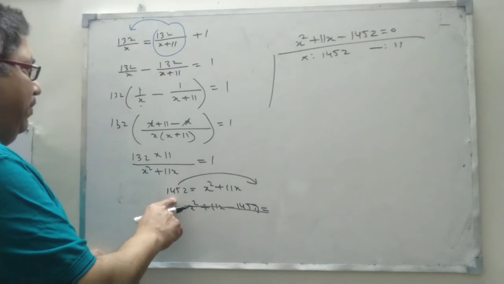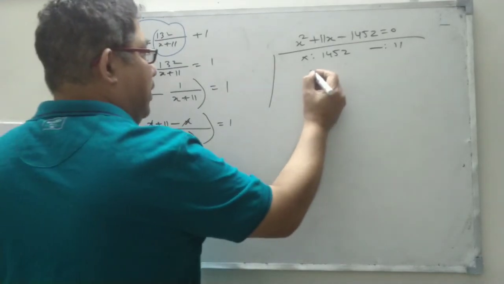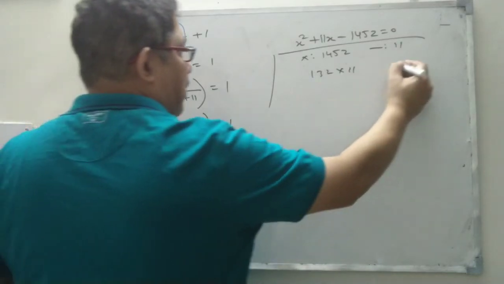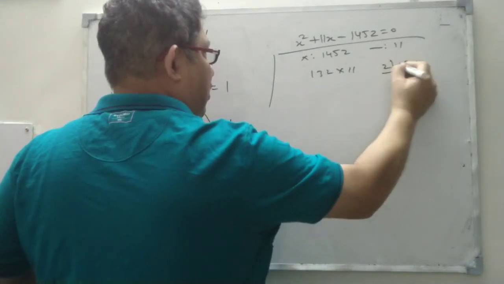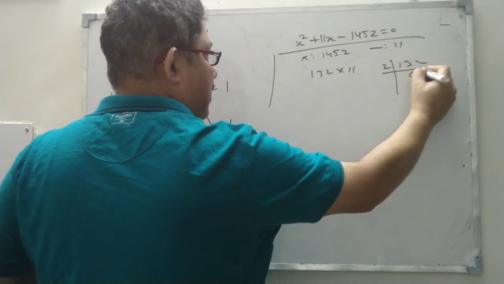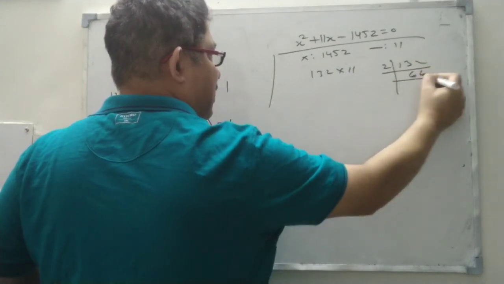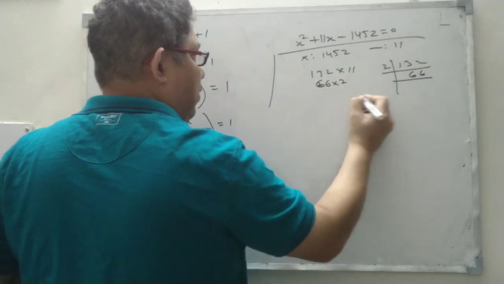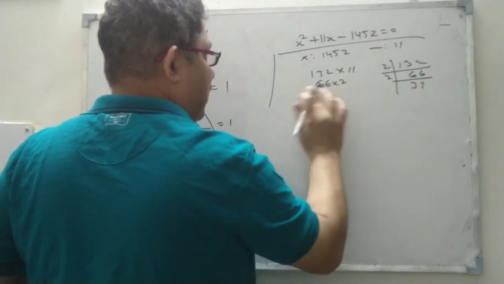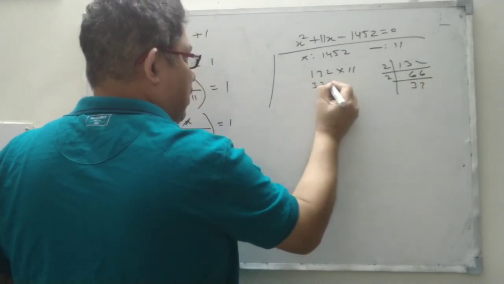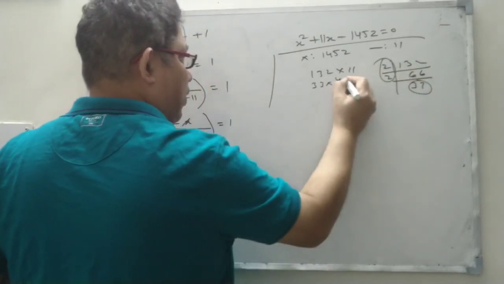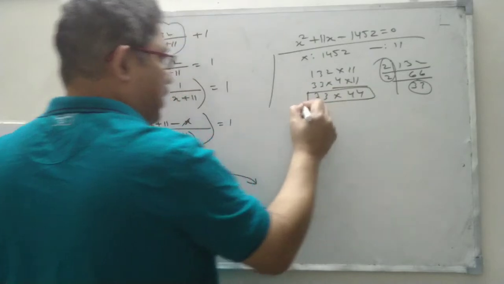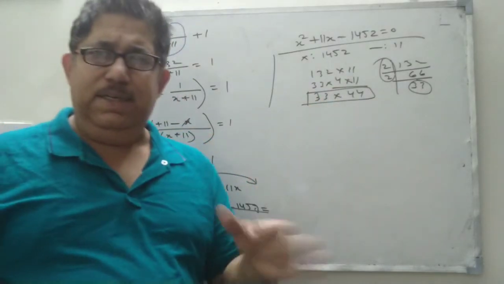Now how did I get 1452? 1452 was 132 into 11. 132, well, 2 into 66, 66 is 2 into 33, so 33 into 4 into 11, that is 33 into 44. So you can see that somehow it is hit and trial here and there.